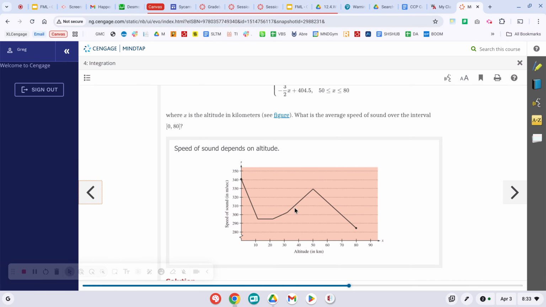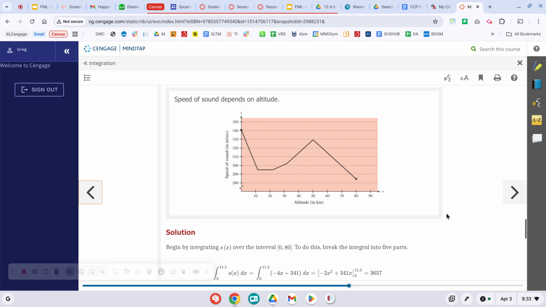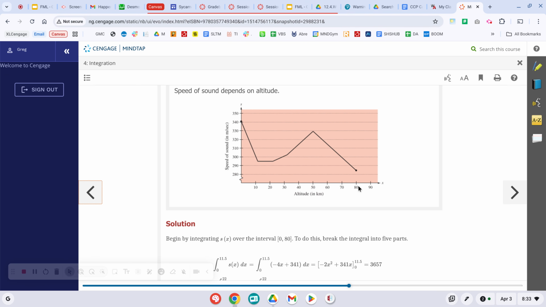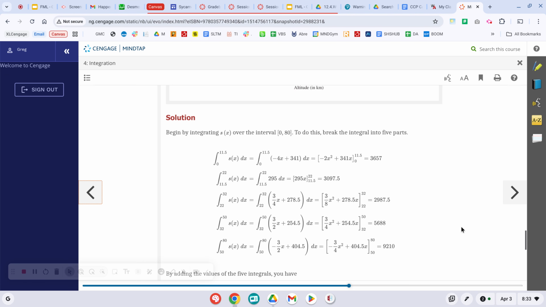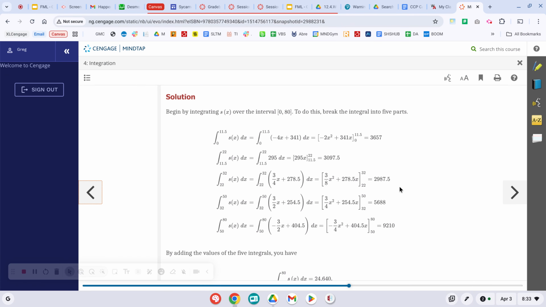So then what is the speed of sound? Well, it depends on where you're at, but what about the average speed of sound? Well, we're going to have to calculate the integral here, the integral here, the integral here, the integral here, and then the integral here. We're going to have to add them all up, and then we're going to have to divide by 80, or multiply by 1/80th. So look, that's what we're doing. We're just adding up all these little integrals.